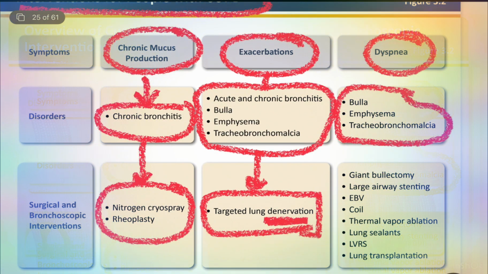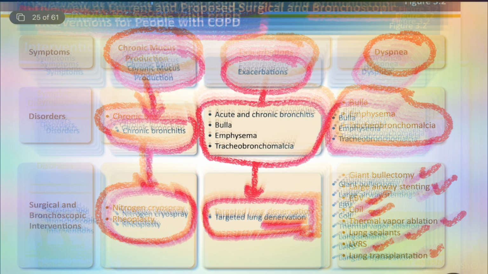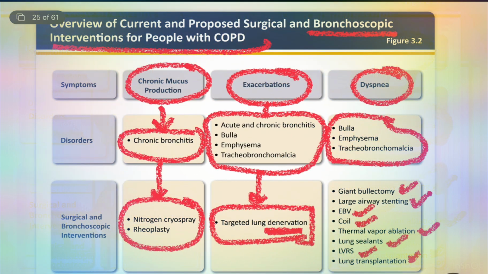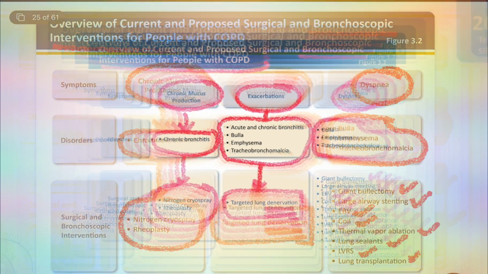And for these cases, we should do giant bullectomy, large airway stenting, EBV, coiling, thermal vapor ablation, lung sealant, lung volume reduction surgeries, lung transplantation. So these are the surgical and bronchoscopic interventions required for different conditions.